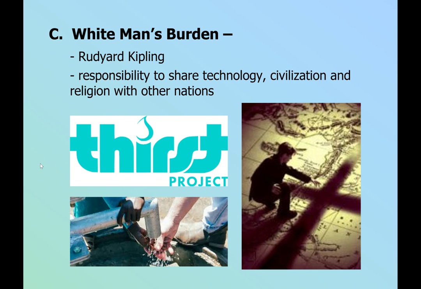So there is a piece of the white man's burden that is humanitarian. And probably the best modern example I can think of is the Thirst Project that has been going on at Downey High School, right? So the Thirst Project is about solving the water crisis globally, trying to make potable water that's clean available to areas that don't have it.